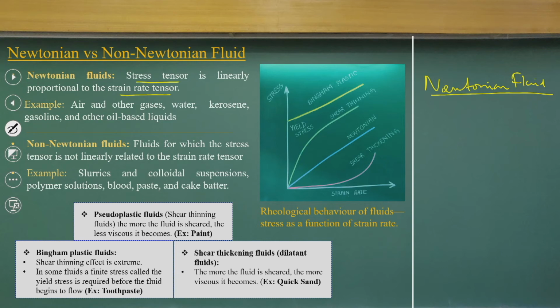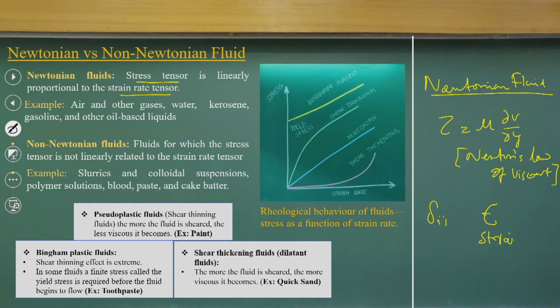That is what you know: tau is equal to mu dV by dy, and mu, as you know, is the dynamic viscosity. In the same way, we can always put a relationship between sigma, the stress, and the strain rate.